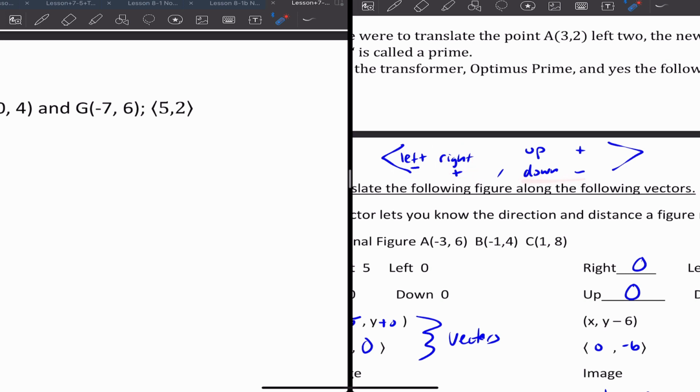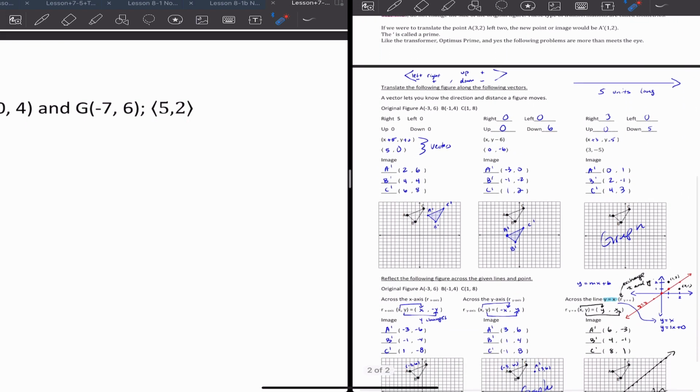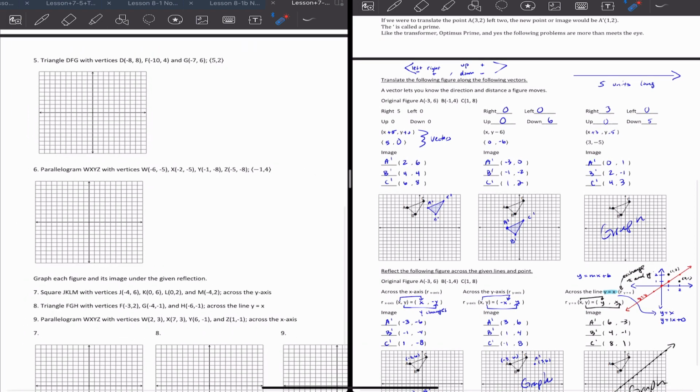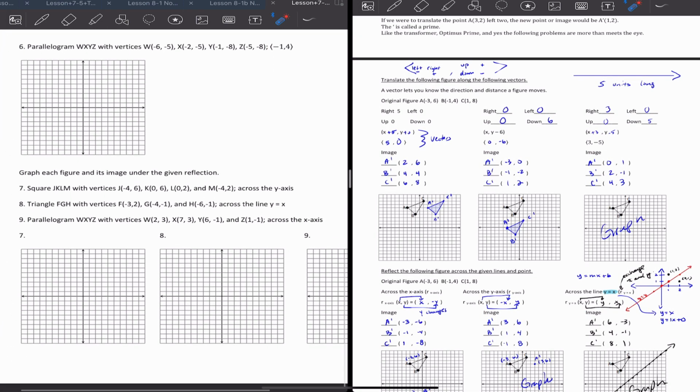For the y, if your number is positive, you're going up, and if your number is negative, then you're going down. So what does positive 5 comma positive 2 mean to you? And then we have another one of those. I'll let you figure that out on your own.